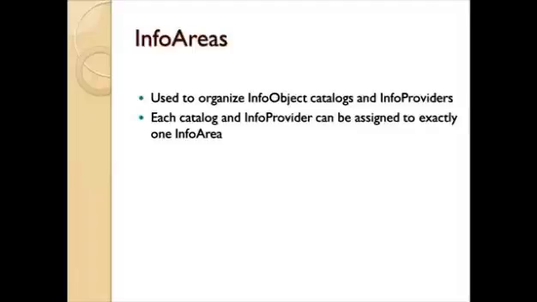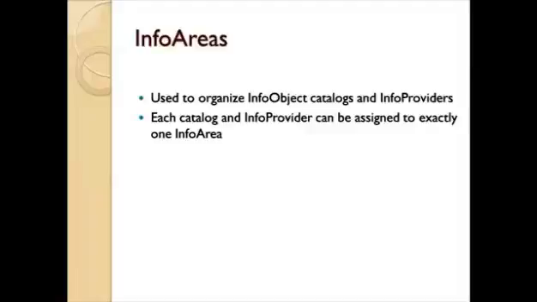In fact, an info area is used to organize not only info object catalogs but also info providers, which we'll talk more about in other chapters. Briefly, an info provider is an object that provides information or data to reports, for instance, or queries that we will produce from the data warehouse.